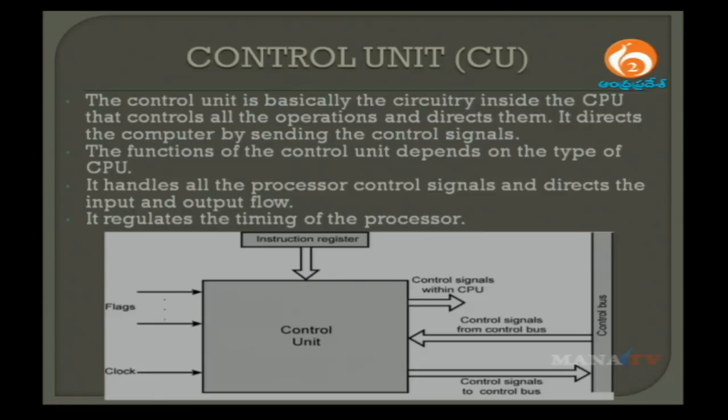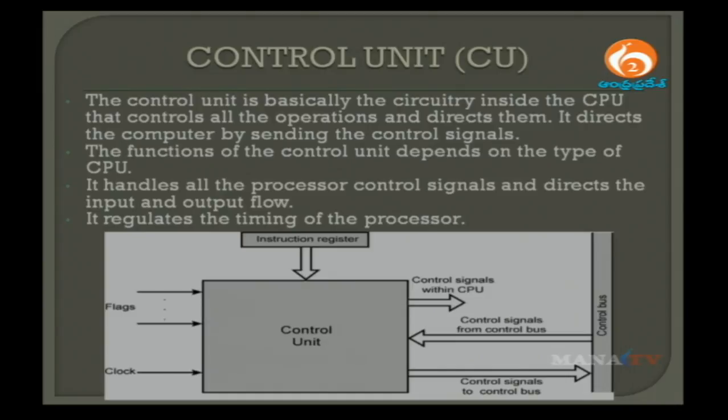So now let me take you to the second point of the control unit. The functions of the control unit depend on the type of CPU. How do these function? See, ALU is going to get functioned by the type of things that you use, but when I say control unit, it simply functions by your CPU. There are lots of CPUs available in the market. There are so many kinds of central processing units.